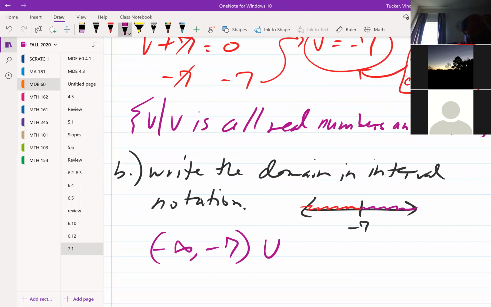That's your union sign, so that represents or, then -7 to +infinity. Questions.